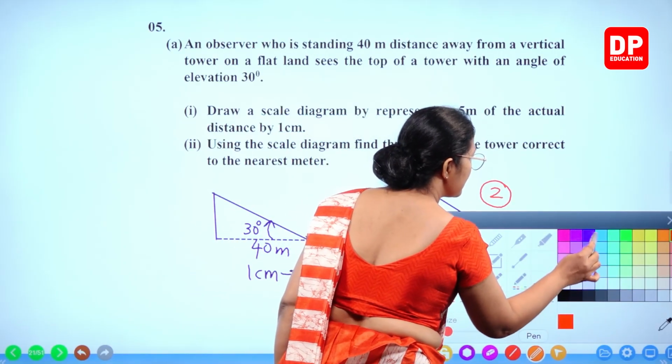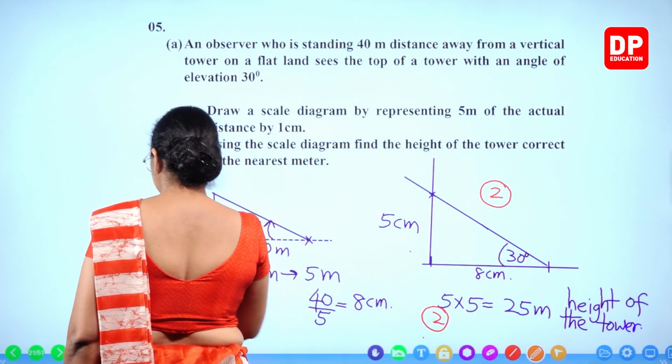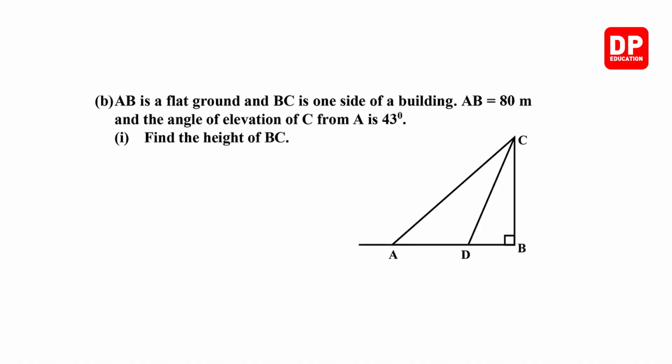And then let's take the next part. AB is a flat ground and BC is one side of a building. AB equals 80 meters. So this is 80 meters. And the angle of elevation of C from A is 43 degrees. So this is 43.